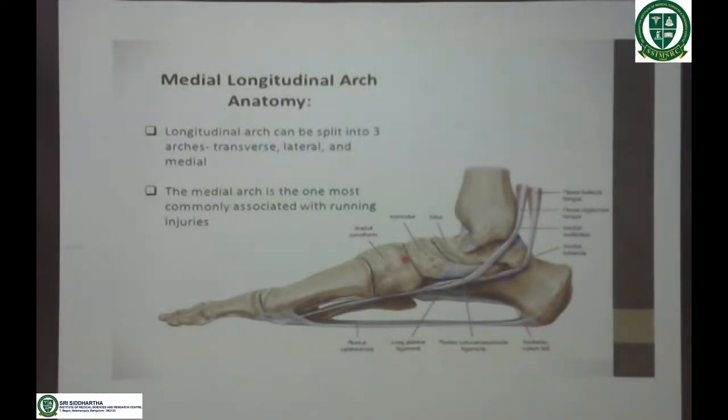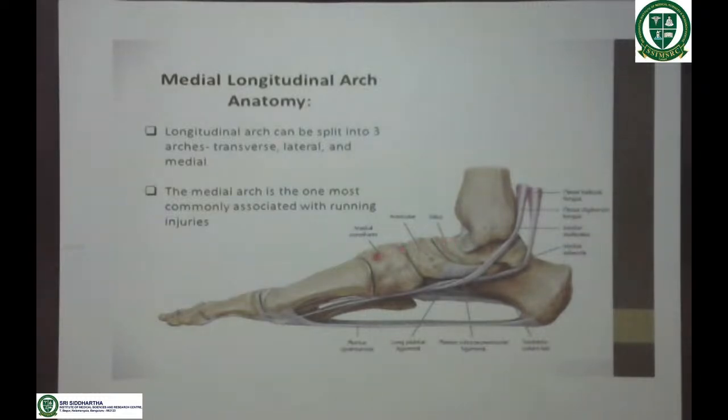Here is the medial view. This one is the calcaneum, the medial tubercle. This is the head of the metatarsals; the first is visible, then the second and third. These form the posterior end and the anterior end correspondingly.